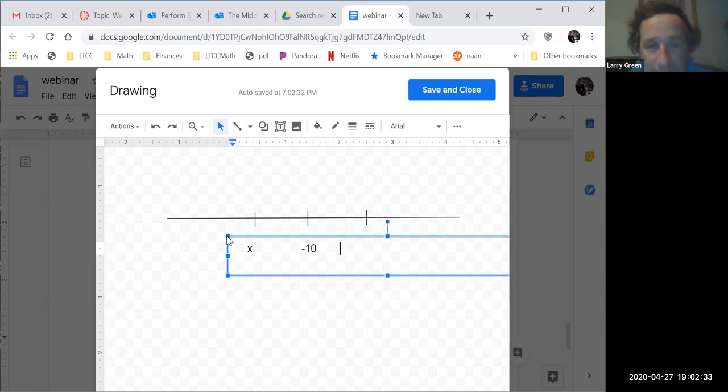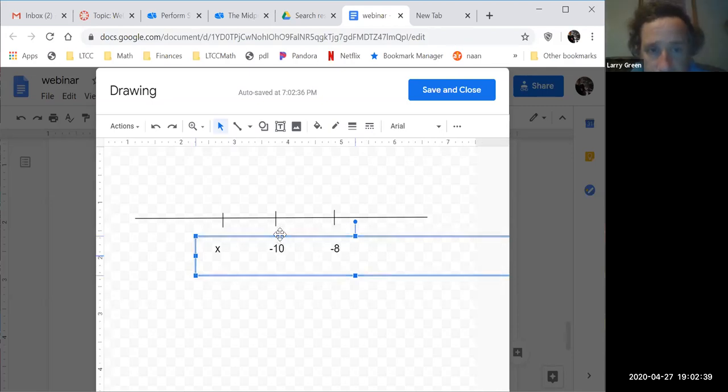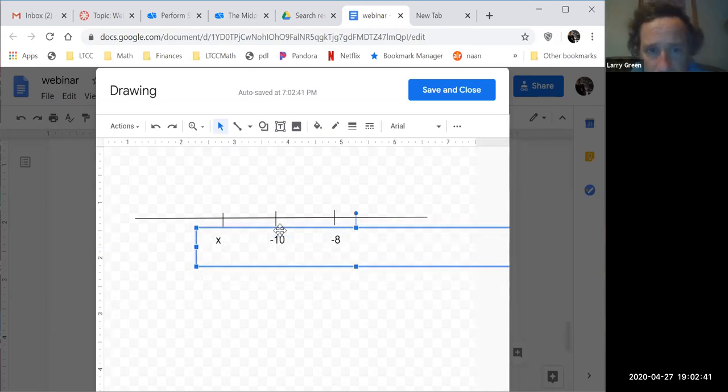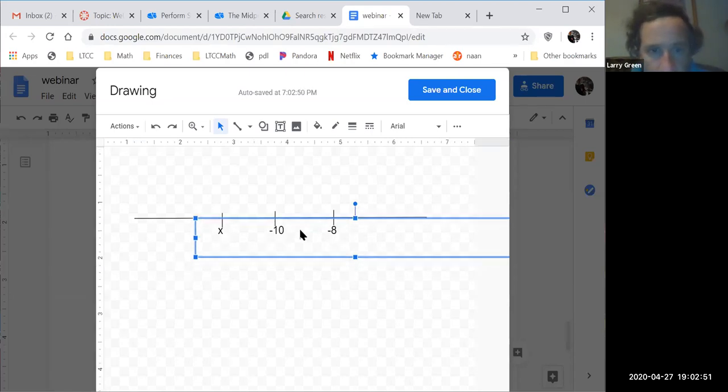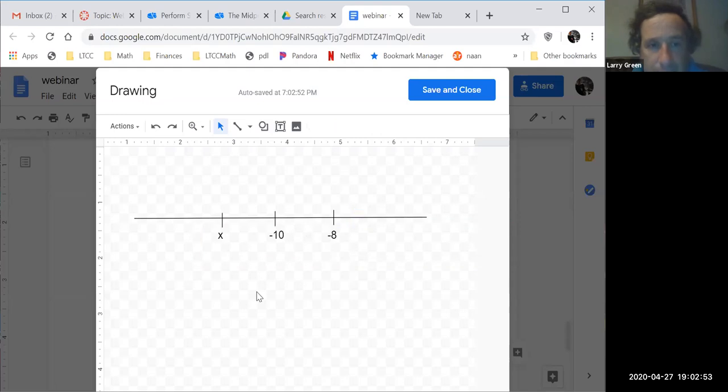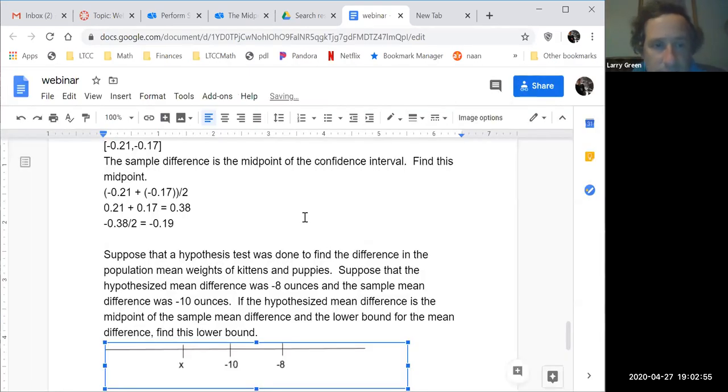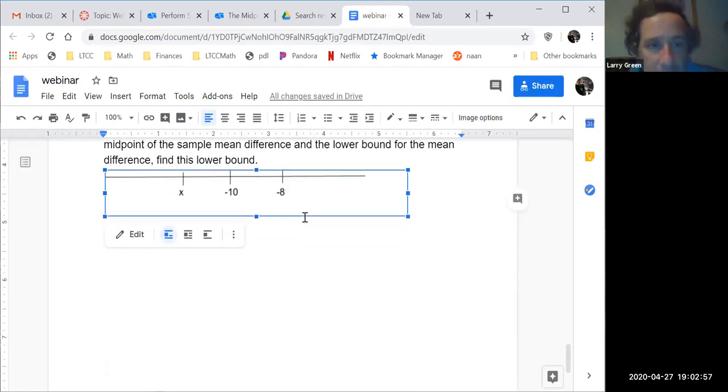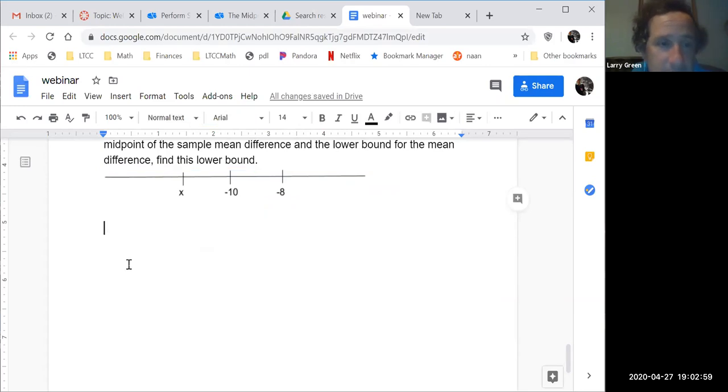Notice -10 is to the left of -8. There's -8. Okay, so there's our picture. Any questions on the picture?